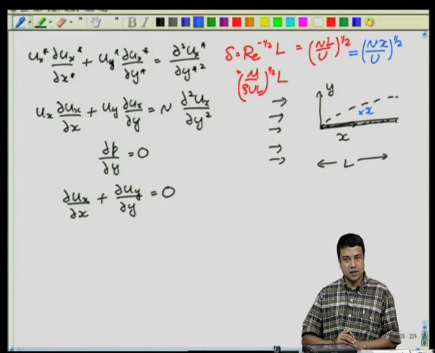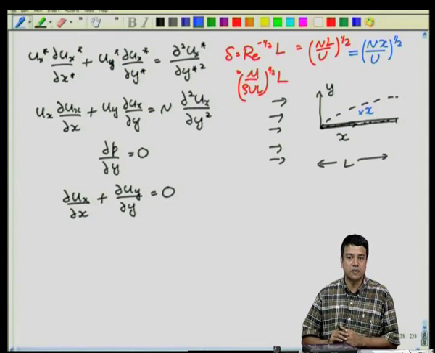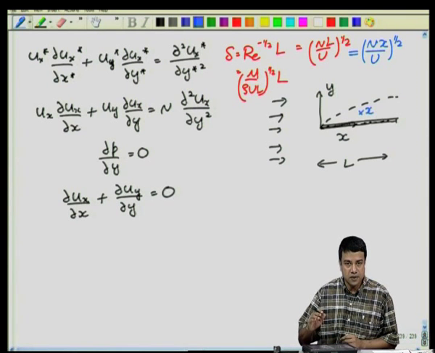So at the given location x, the boundary layer thickness can depend only upon x, the kinematic viscosity which determines diffusion from the surface, and the mean velocity which is sweeping the momentum diffused downstream. So this is the boundary layer thickness that I can use in order to find out the velocity field at a given location x.